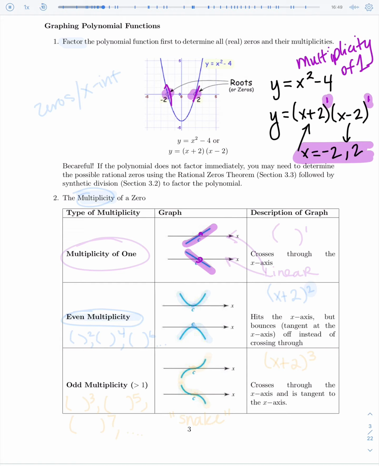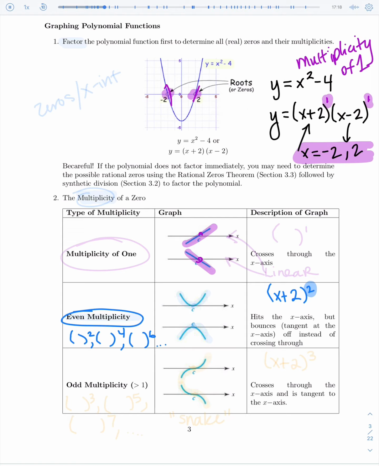However, if you have something like x plus 2 squared, then we're talking about a multiplicity of 2, because it has a square on it. It happens twice. And when we say even multiplicity, it could be squared, 4th power, 6th power, anything that is actually even.